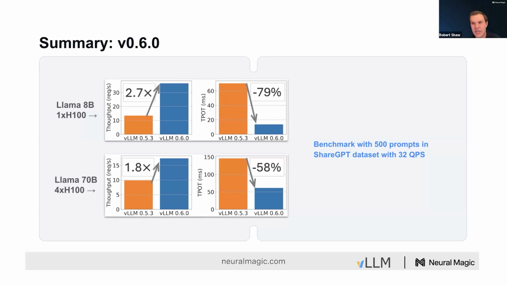For Llama 70B, the GPU execution takes a lot longer, so the overhead is not as painful, but we still achieved almost 2x throughput gain between the two releases. This has been really awesome, and it was a really great collaboration across the vLLM community with Neural Magic, IBM, Databricks, Anyscale, and Berkeley working together to achieve these results in a relatively short amount of time.